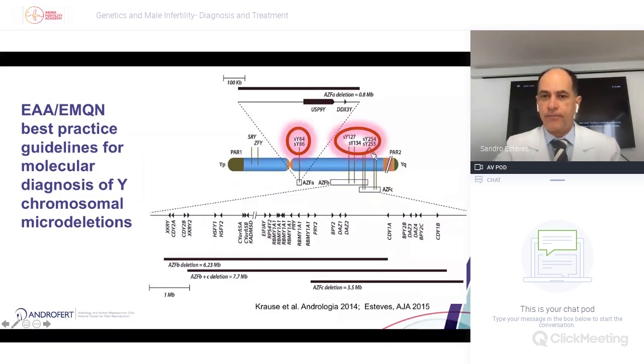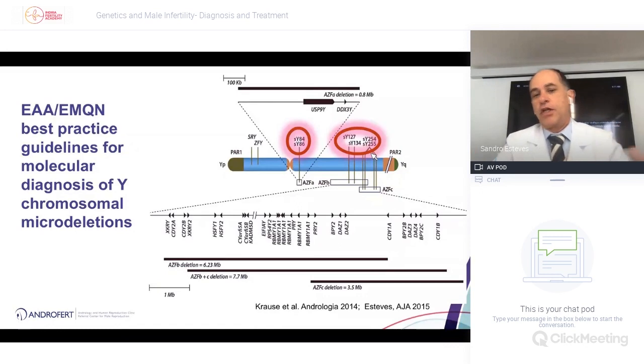SY254 and SY255. What I'm trying to say is that next time you get a report, and it is not including these 6 primers, something is wrong, because they are not mapping the Y chromosome according to the best practice guidelines. So perhaps the patient will be reported as normal, but in fact, a microdeletion could be there if the laboratory has not carried out the analysis as recommended by these guidelines.